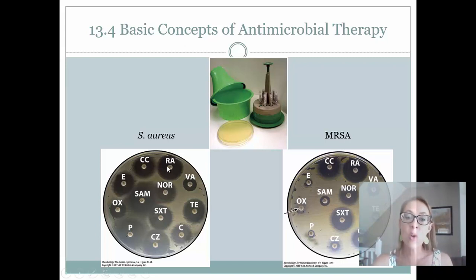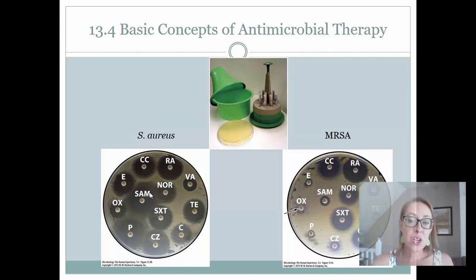We see a zone of inhibition, this clearing around many of our antibiotics, tells us that those antibiotics are effective at inhibiting our bacteria. We say that the bacteria is susceptible to their effects.